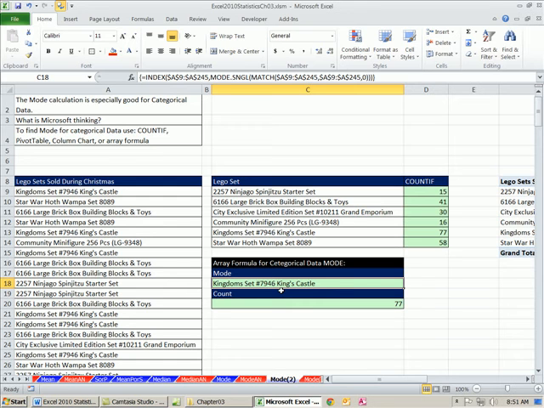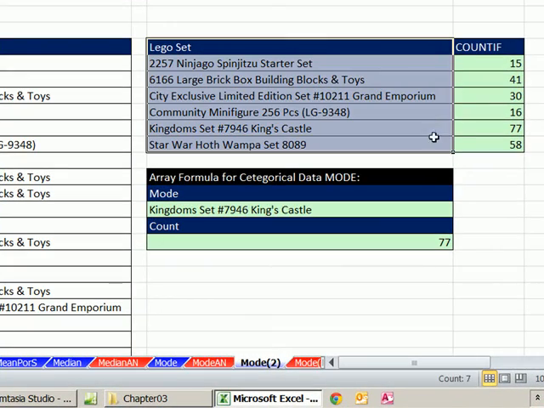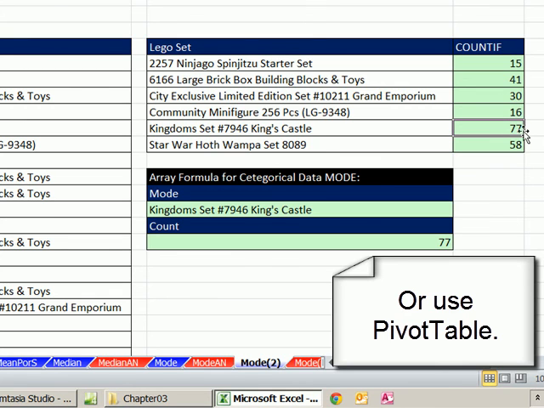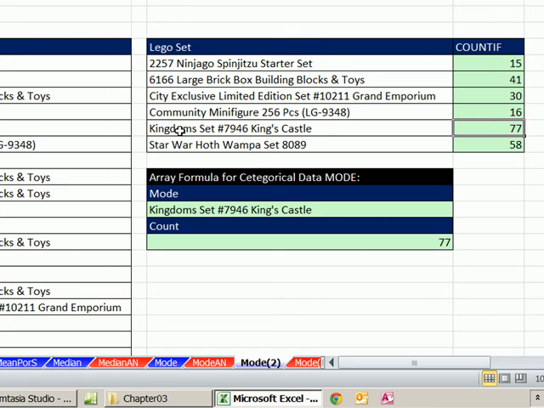Now, Microsoft didn't put a mode function in here that can look up an actual word and tell you. We had to list our elements and then use the COUNTIF. And then from this 77, we can decipher that this toy right here is the mode, right?